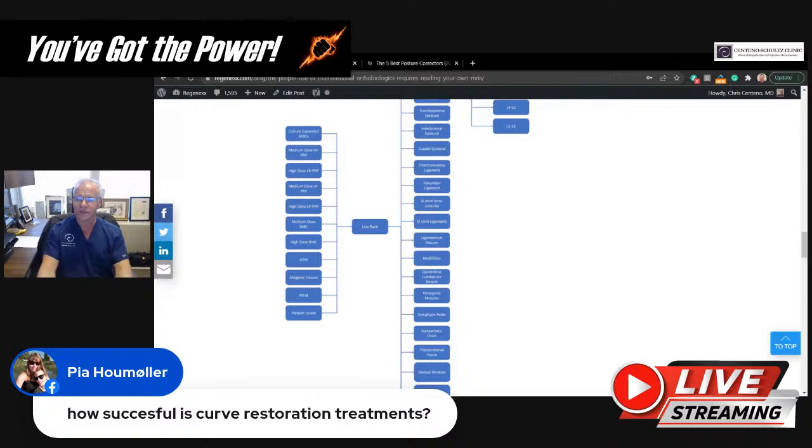Now, one of the things we do at Regenexx is we narrow that training gap so that we've got more providers that know how to do all this stuff, or know how to do most of this stuff. But that doesn't happen in the Wild West out there. And so you can either obviously choose to be seen by a Regenexx provider, where you've got that much narrower band of what doctors know.